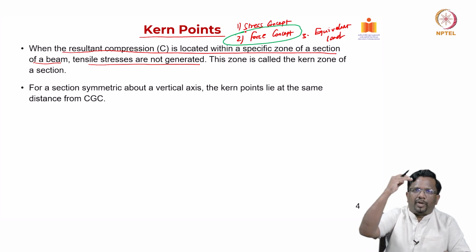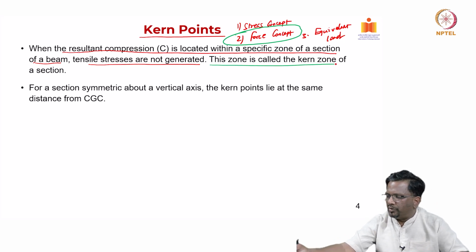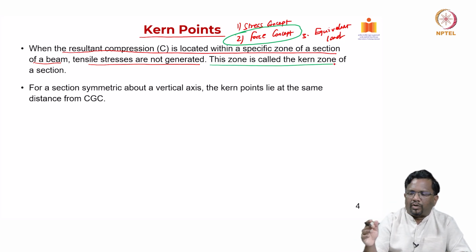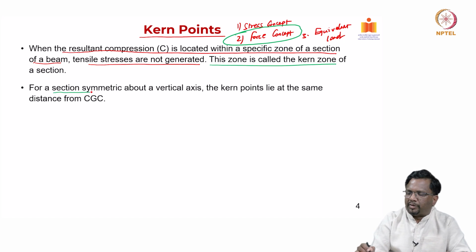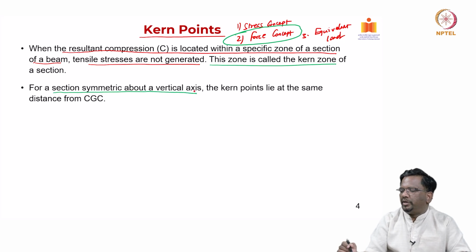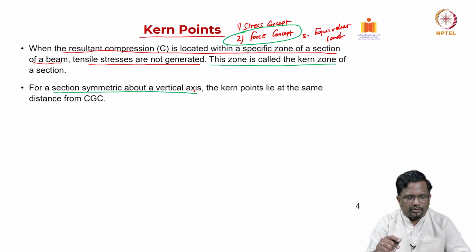Now, the maximum zone within which this compression force can move, such that no tension stresses are generated, is called the Kern zone. Okay. Now, for a section that is symmetric about the vertical axis, we know that the Kern points lie at the same distances from the CGC, right.